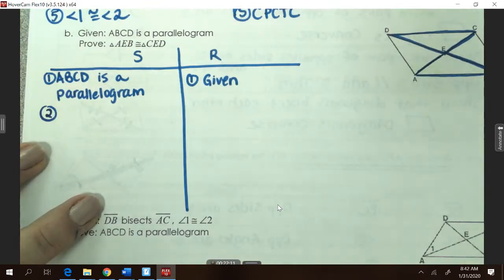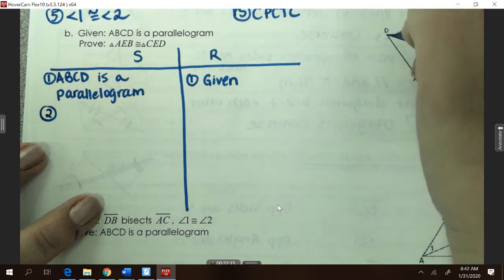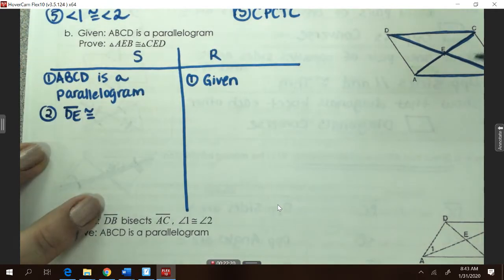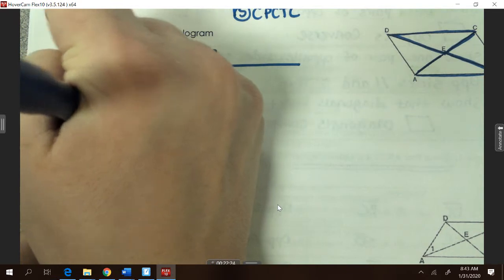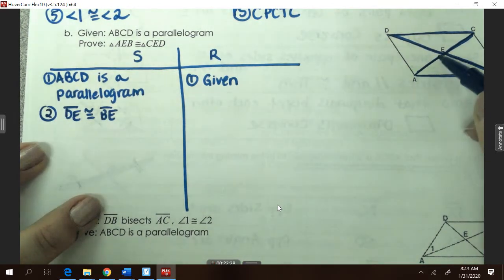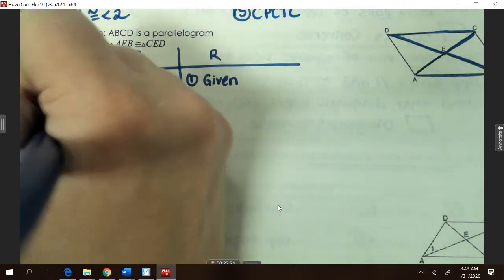So I'm going to put for step 2 that we're going to talk about the diagonals bisecting each other. So I'm going to put that DE is congruent to BE. And I'm also going to put that AE is congruent to CE.